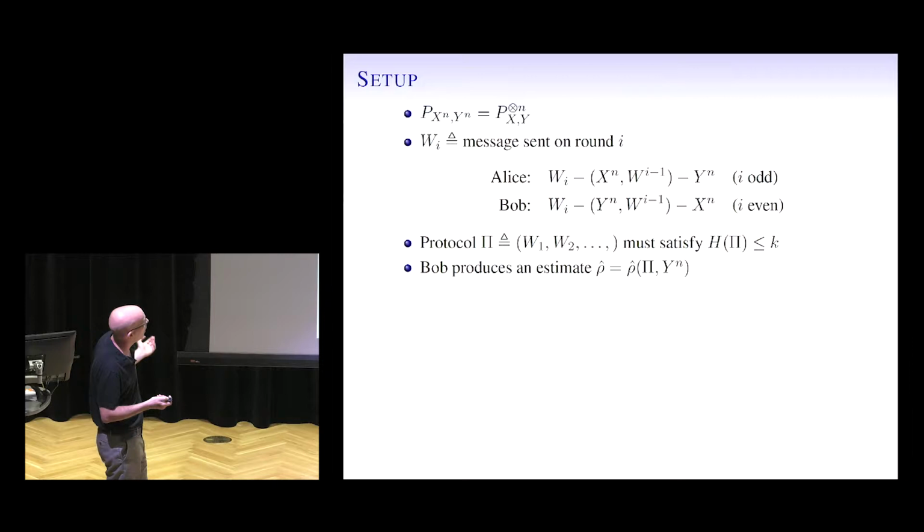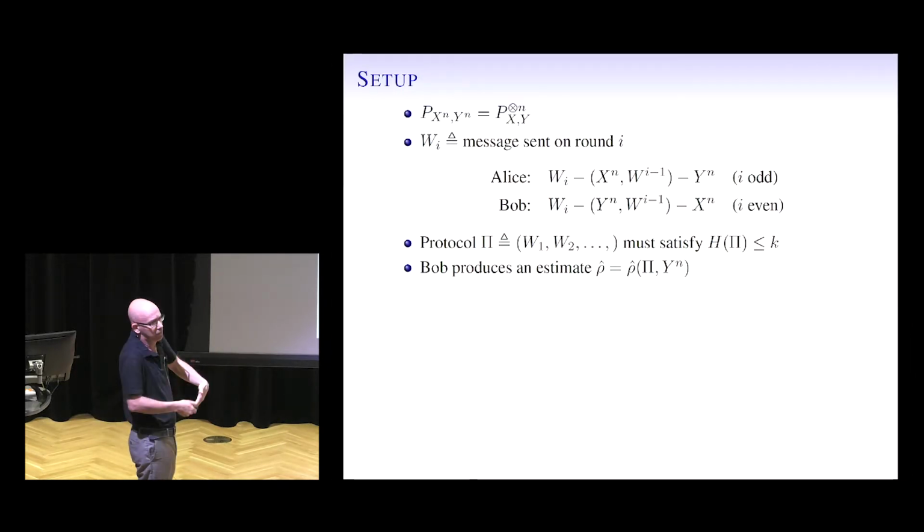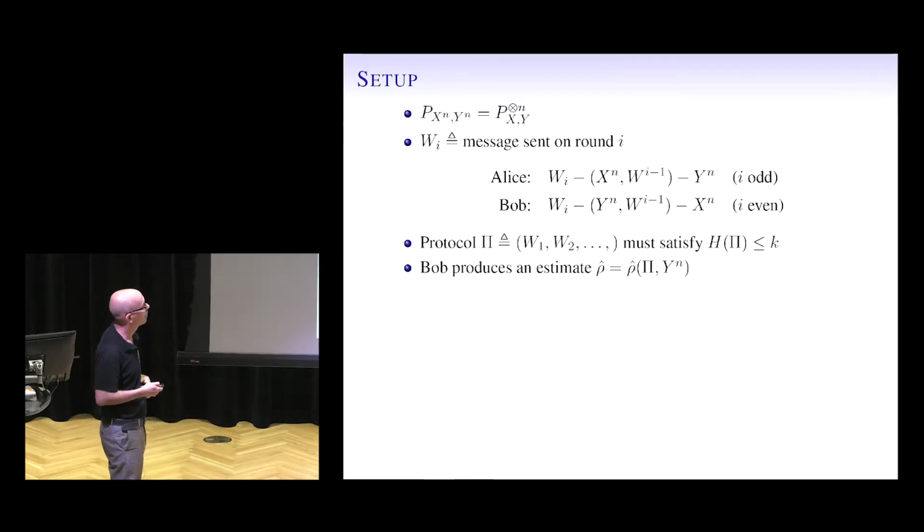And this protocol pi, which is the entire conversation, we want it to satisfy a condition, which is that the entropy of this entity should be smaller or equal to k, which is the number of bits we're exchanging. And at the end of communication, or at infinity if you want, Bob produces an estimate rho hat, which is a function of the protocol, the transcript, what he has seen during the conversation, and of his own local samples.